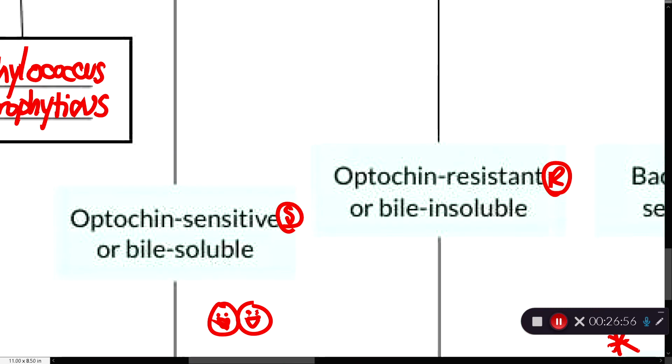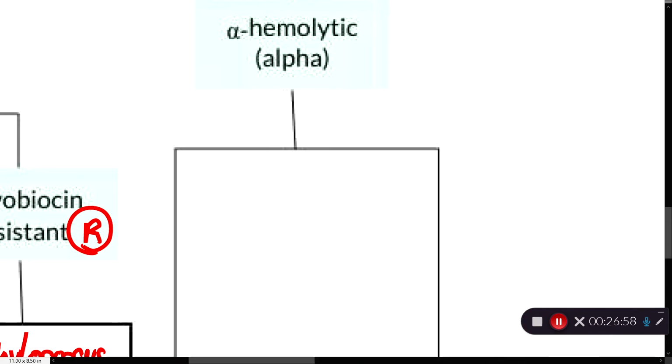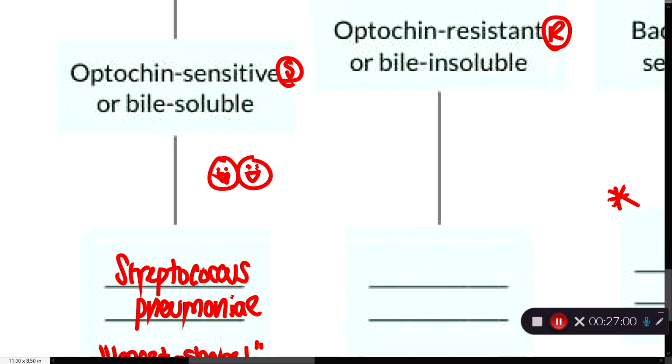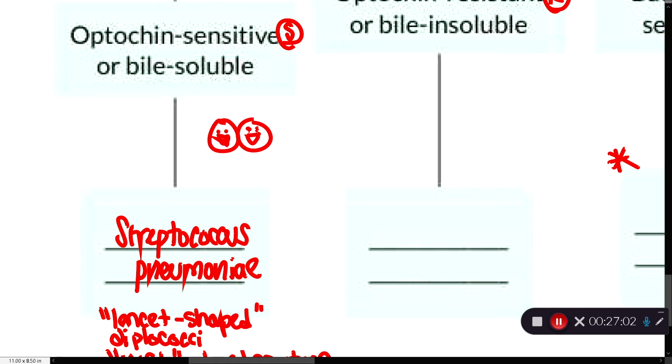I mean, it's not described as lancet-shaped at all, but it's still going to be described as alpha hemolytic, which means you're going to only see a partial clearing. So this is associated with one of the number one common infections in the U.S., dental caries. So when you see trigger words like dental caries or infective endocarditis, you want to think of this organism. It lives in the human oropharynx.